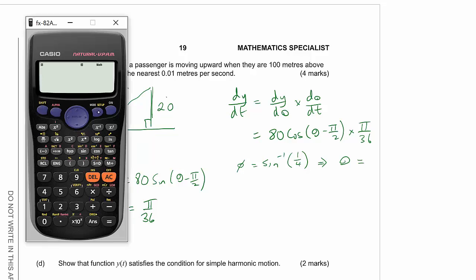So just make sure I'm in radian mode first. And then I want the inverse sine of a quarter and we'll add pi by 2. So 1.823.